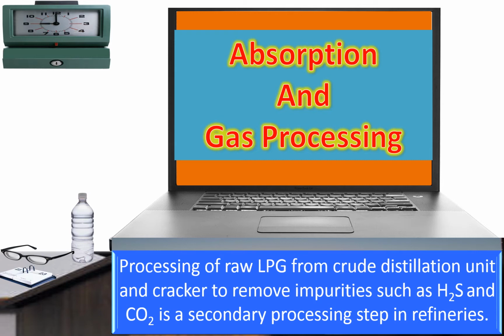Likewise, removal of contaminant gases from waste gases and byproduct gases by absorption in petrochemical industries is also a secondary processing step. Hence, it is important that you are aware of these operations.